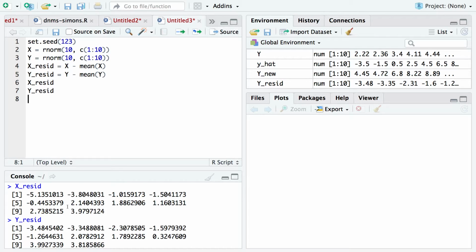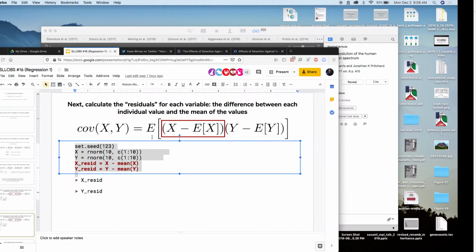That's what a negative residual ultimately means: since for each value of x we're subtracting the mean value, a value of -5 here means that this value of x is basically 5 units smaller than the average, and this value of x way at the end is about 4 units larger than the average. And so on the whole, you can see that the residuals of these two variables seem to covary with each other. And this is essentially what we're going to be testing when we calculate covariance.